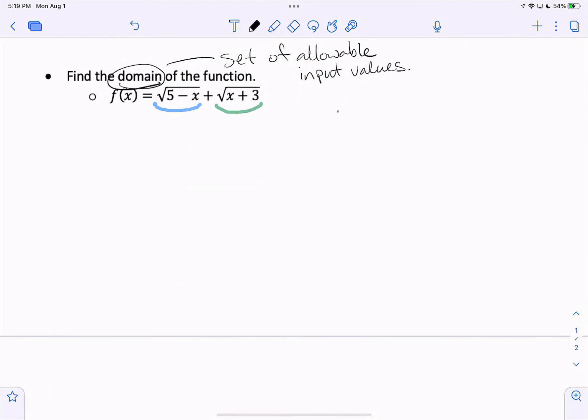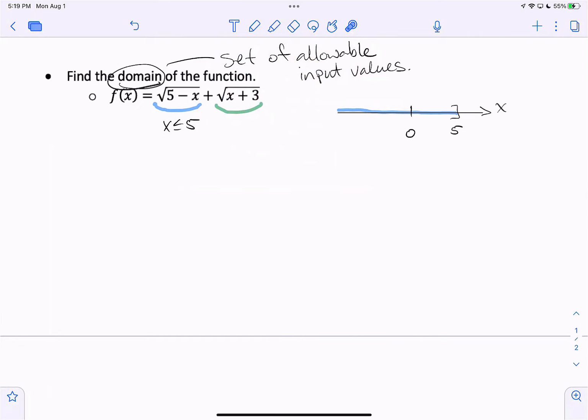I think a visual would be helpful for this particular function. I just have a number line here labeled x. I'll identify a 0 for orientation purposes. When we consider what can go into the square root of 5 minus x, clearly x has to be less than or equal to 5. So I'm going to mark on my number line 5 and highlight the values to the left of 5.